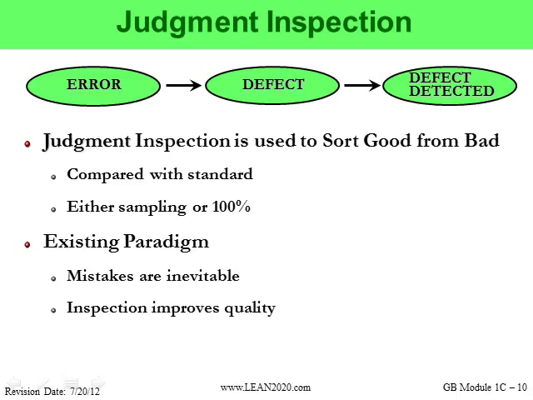So we can actually inspect and prevent errors and defects at several different spots. And even if we can't detect an error or prevent an error from happening, and we actually have a defect that occurs, if we have an opportunity to employ an error-proofing device, or at least a device that's going to detect a defect afterwards, we'd certainly want to do that rather than pass defects along to the next operation or even on to the customer.